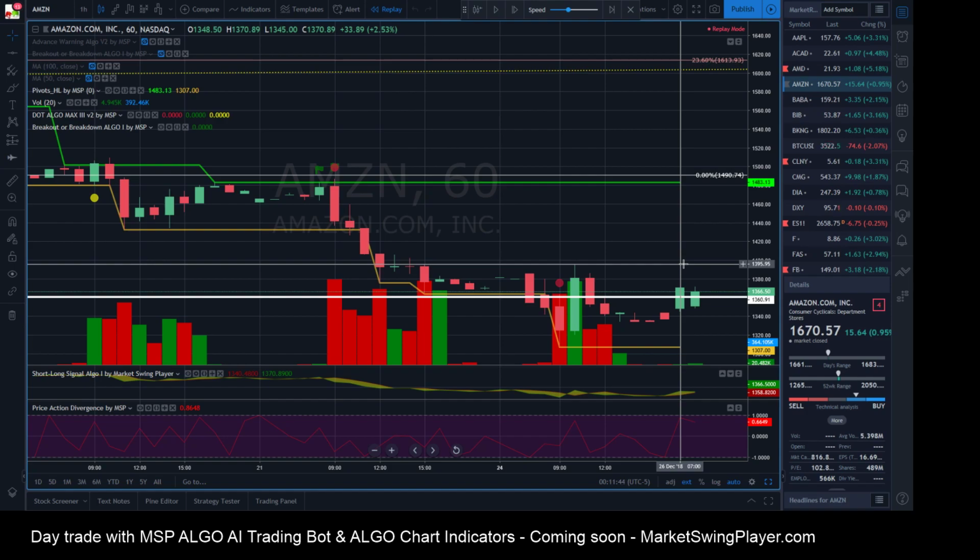But when that swing alert comes out, you want to see where the low for that day is, and then the next trading day, try to buy near that low. It may not hit exactly as low as it got, but your goal is to try to buy in that zone, okay, which would be below that 1360.